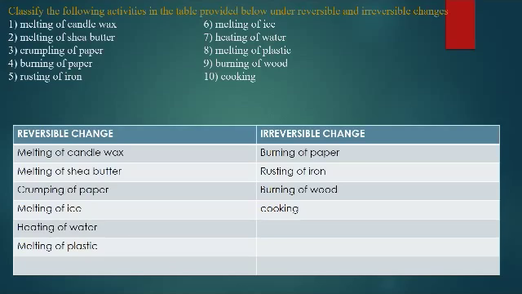Burning of wood. So when you burn wood, this is an irreversible change, because when you burn wood, you get ash. You will not get the wood back. Cooking. So we say cooking is an irreversible change. Why is cooking an irreversible change?